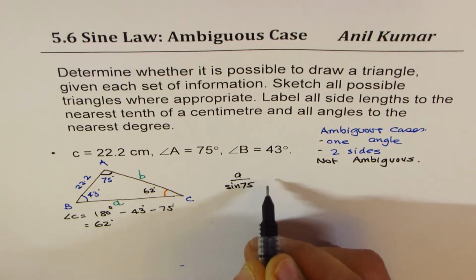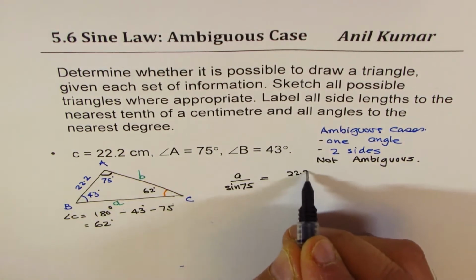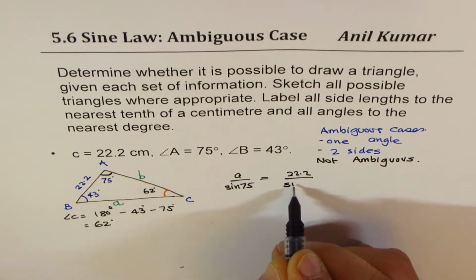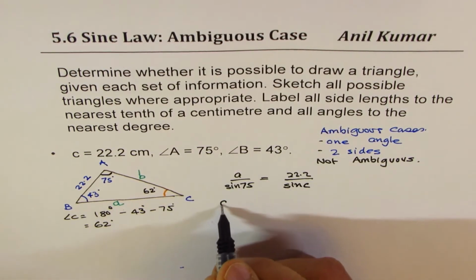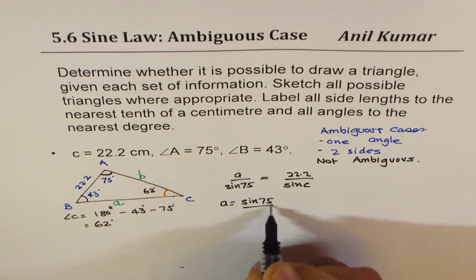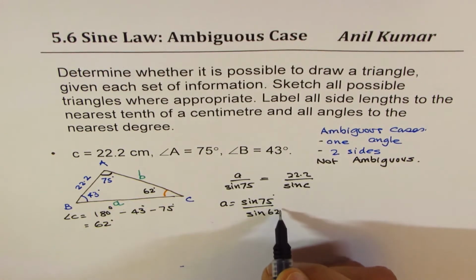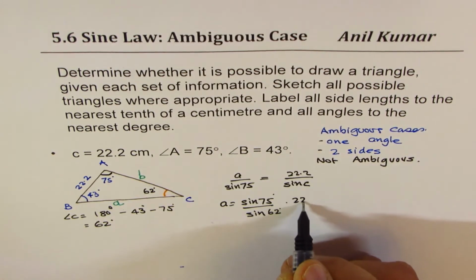This is Sine Law, equal to what is given to us, side 22.2 divided by sine C. So a is equal to sine 75 over sine 62 degrees, which we just calculated, times 22.2.